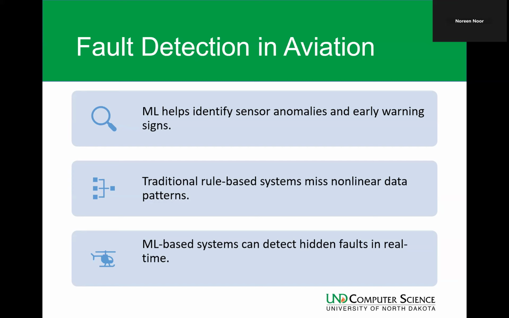Machine learning systems, on the other hand, can detect these hidden patterns in real time, which traditional systems cannot. So it allows for faster responses before an issue escalates or accelerates. This makes machine learning especially powerful for preventive maintenance and operating safety in aviation. That's why it has more importance as compared to the traditional one.